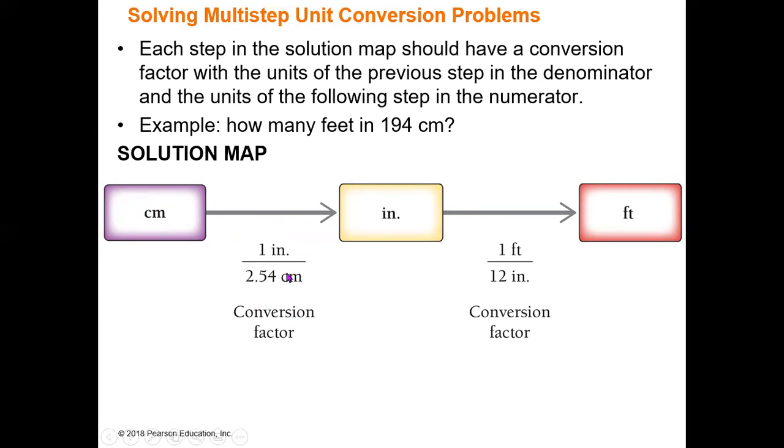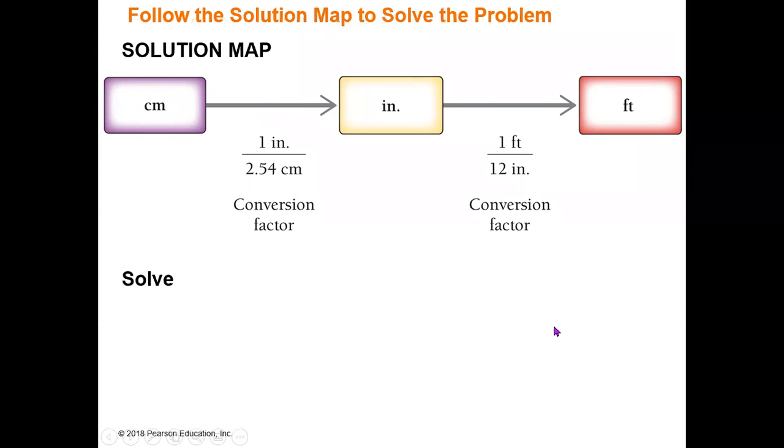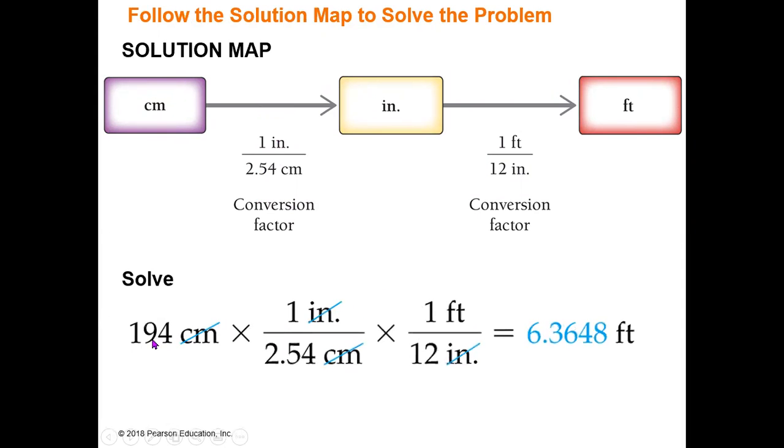So this is a two-step problem. We will use our first step to convert from centimeter to inch. Then the second step, the second fraction, will convert the inch to feet. So we will keep this map here, and let's say we have one quantity we want to convert, 194 centimeter. We multiply by the two fractions.